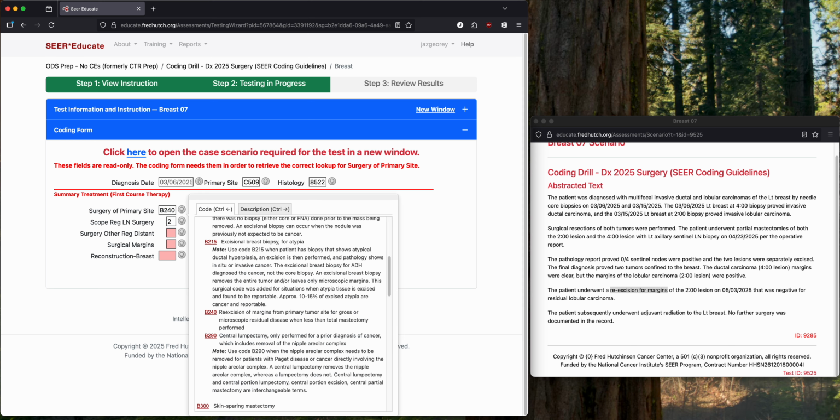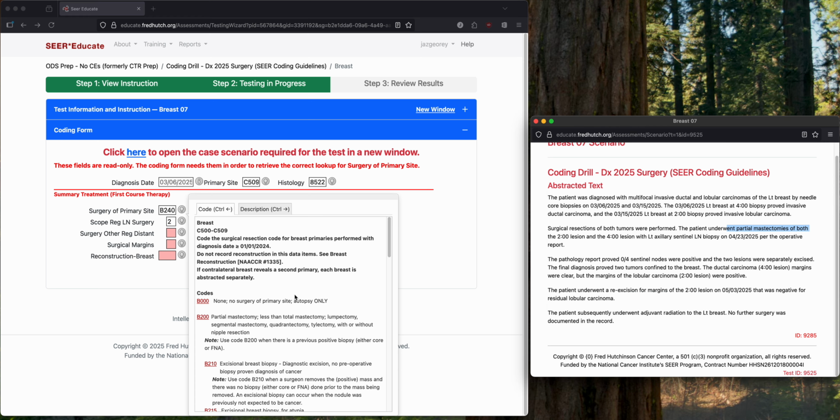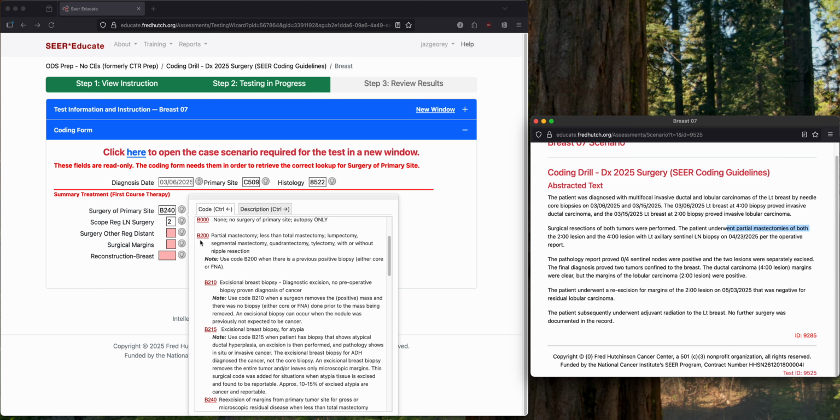I'd done this before, I remember, or maybe it was a different scenario, but if you have a partial mastectomy, there's a code here, 200 when you do a partial mastectomy. Yeah, it's right there. Partial mastectomy. And I would leave it as that if that was it.